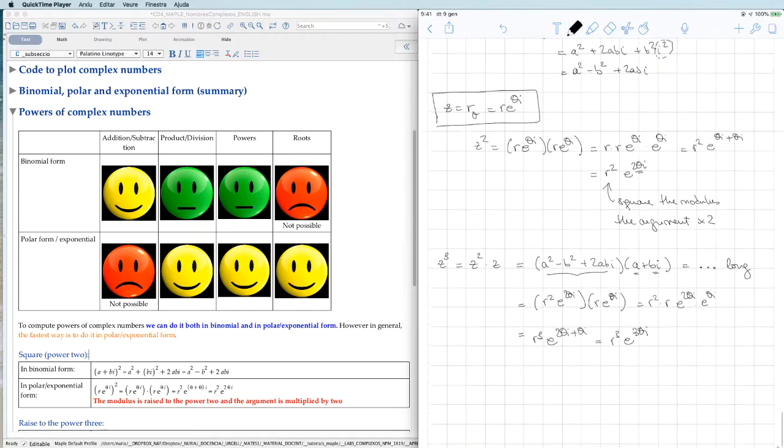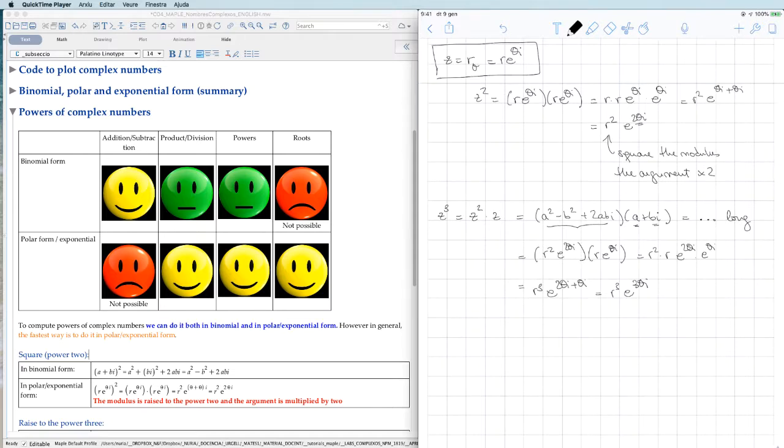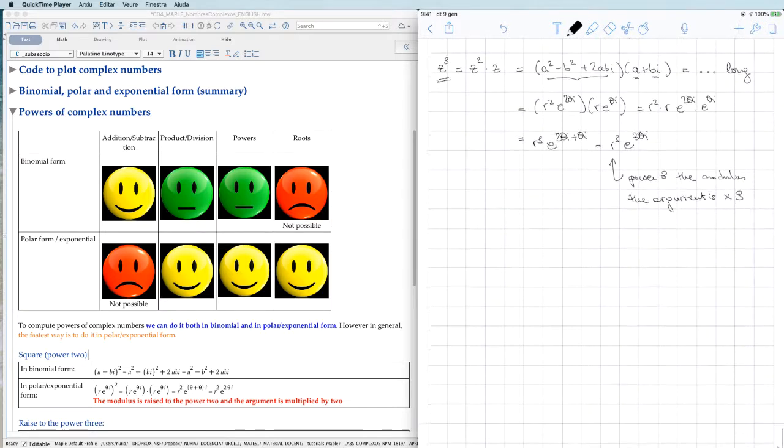So as you can see in this case, if we want to raise a number to the power 3, it's very long to do it in binomial in general, but in polar it's very easy. So we take the power 3 of the modulus, and the argument is multiplied by 3.